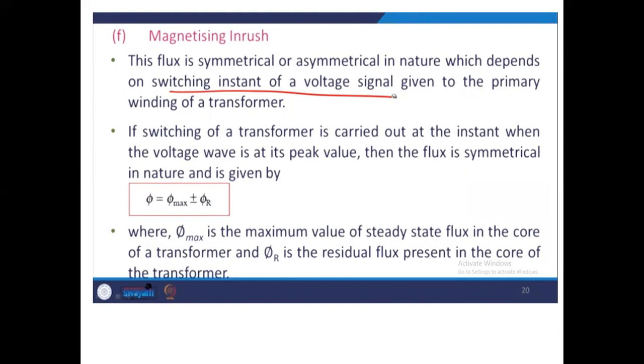In this situation, as the flux is symmetrical, the operating point always stays in the linear region of the BH curve, and hence the magnitude of inrush is restricted to a small value.